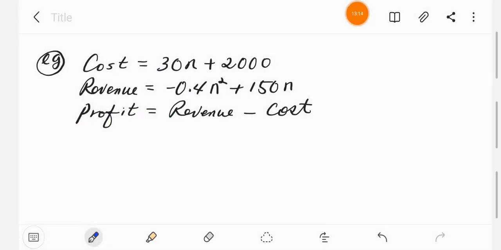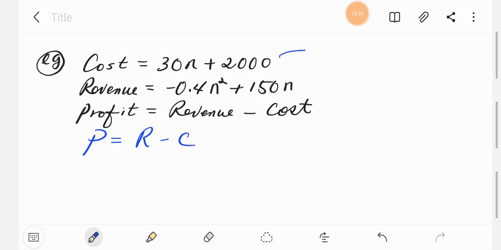Okay, this is an application problem. The expression for the cost is given like this, 30n plus 2000, and the revenue is given. We want to write the profit in terms of n. The formula for the profit is equal to the revenue minus cost.